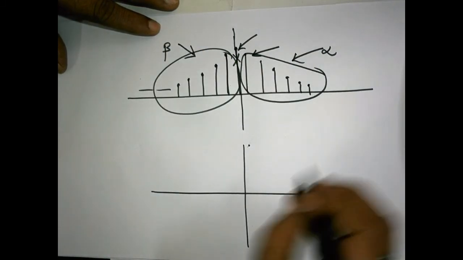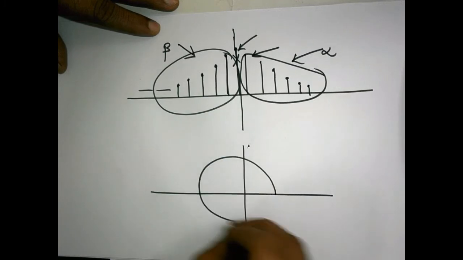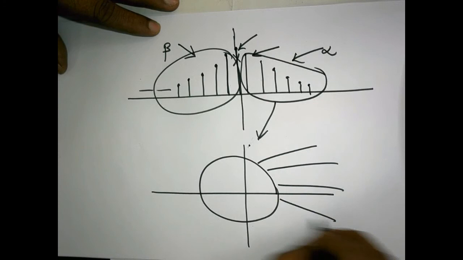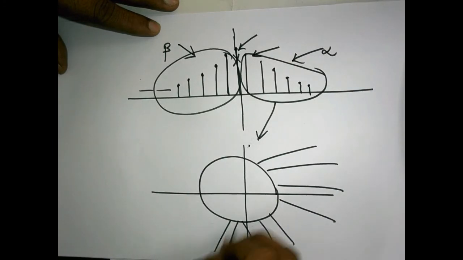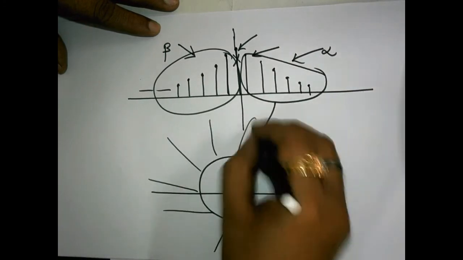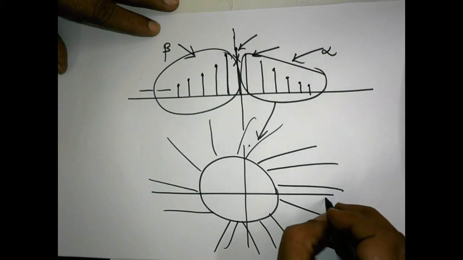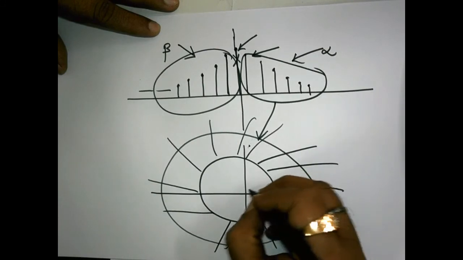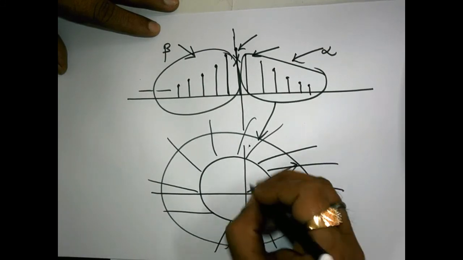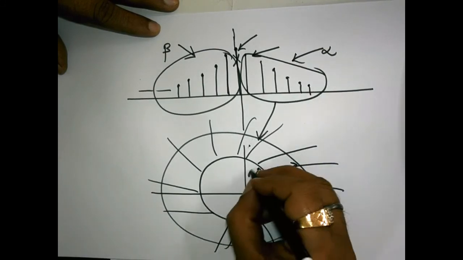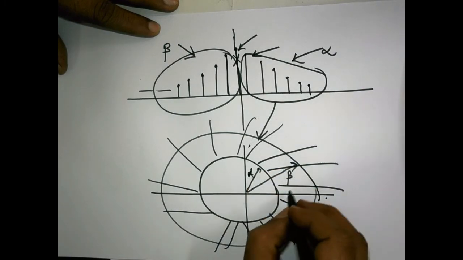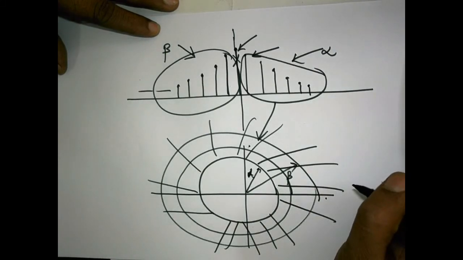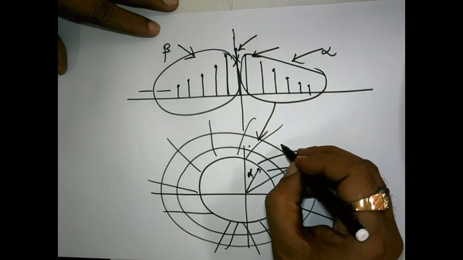Now if the unit circle lies somewhere between this radius alpha and beta, then in total we say that this system is stable.